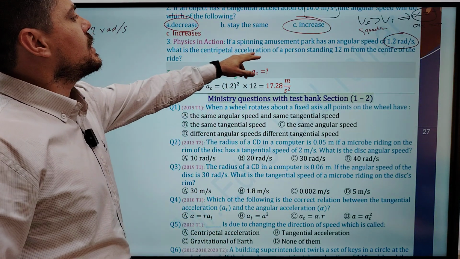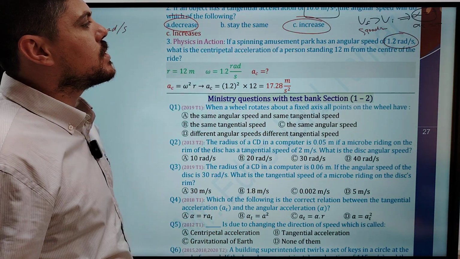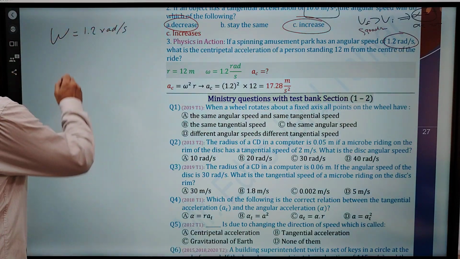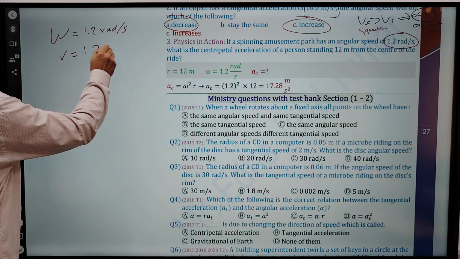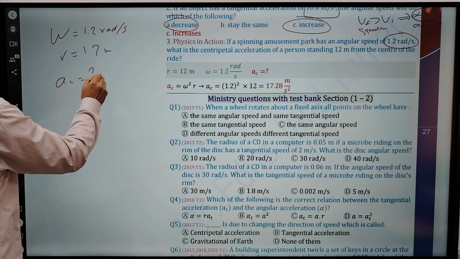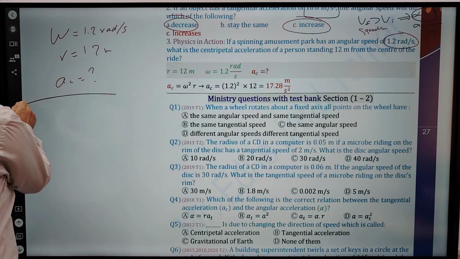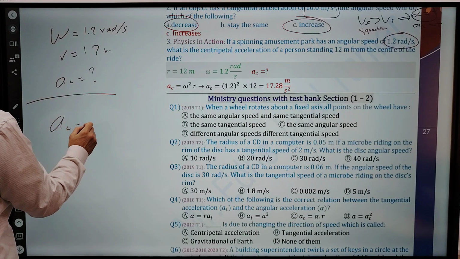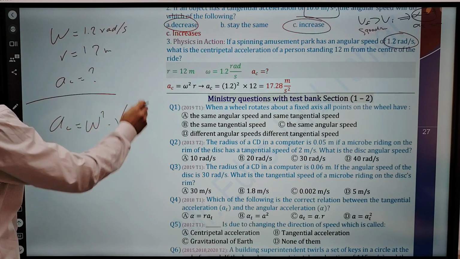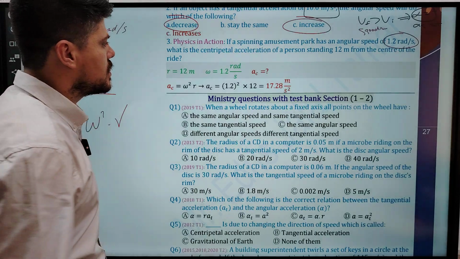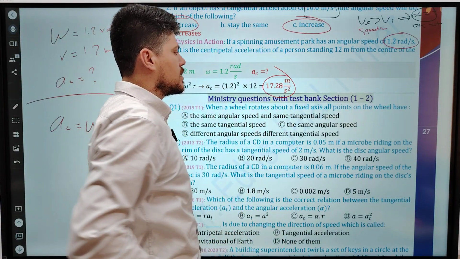Okay, what is the centripetal acceleration of the person standing 12 meters from the center of the ride? Or 12 meters. AC is unknown. AC is equal to what? Omega square R. Just replace and you can find the result.